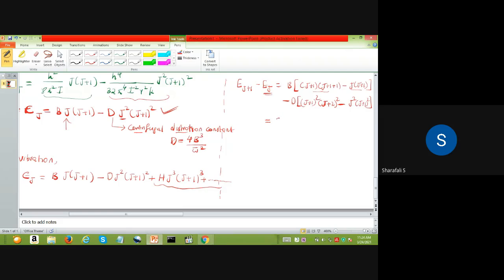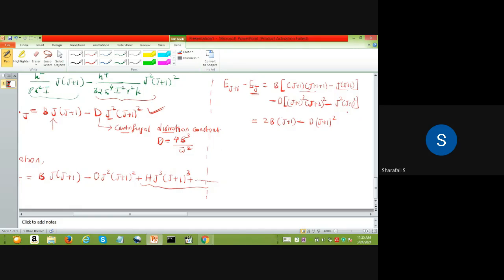then we will get 2B times J plus 1. This you might have got for the first case when we discussed the rigid rotator case. And with this one more term will come, that is minus D into J plus 1 square into 4J plus 4.